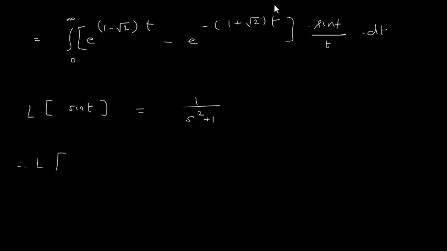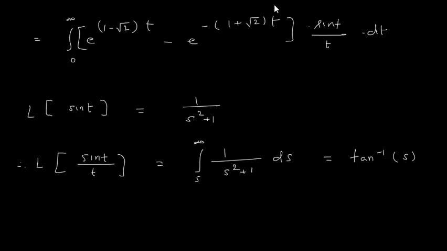Therefore Laplace of sin t upon t, we will get the integral from s to infinity of 1 upon s square plus 1 ds, which will be equal to tan inverse s. Now we will apply the limits s to infinity.